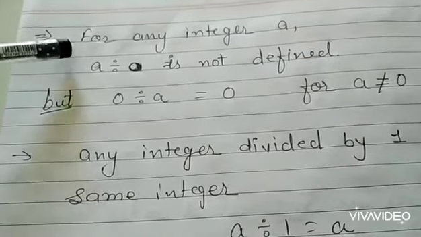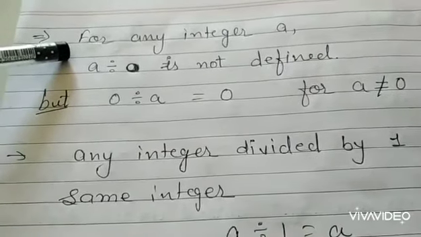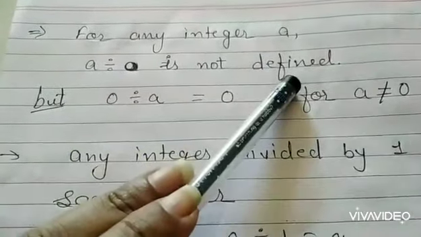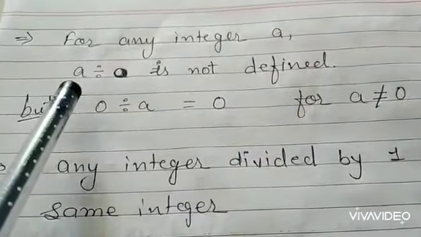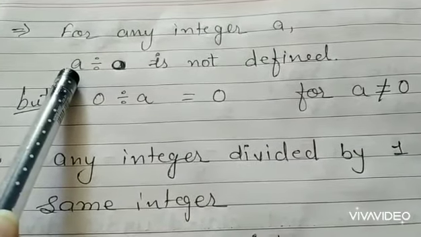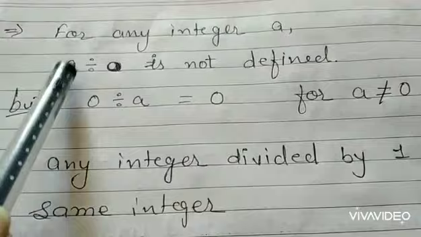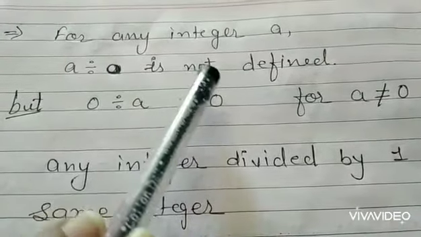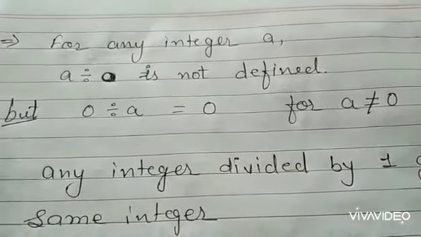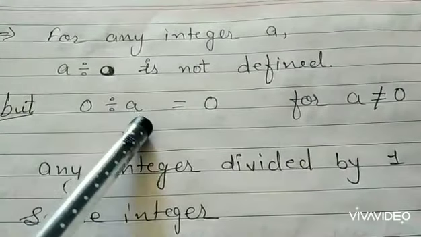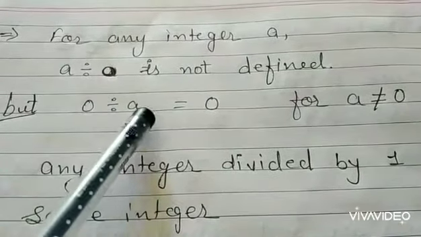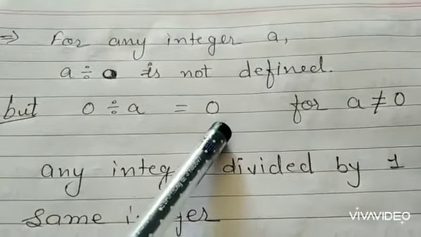For any integer a, a divided by 0 is not defined. You can take any integer as a, divided by 0, and we have to write the answer as not defined. But 0 divided by a, where a is any integer, will be 0.